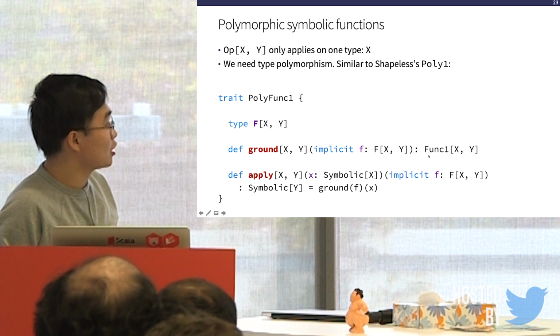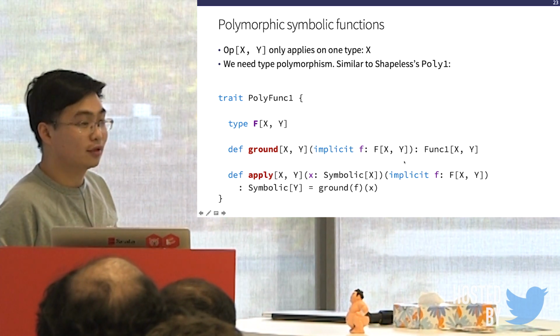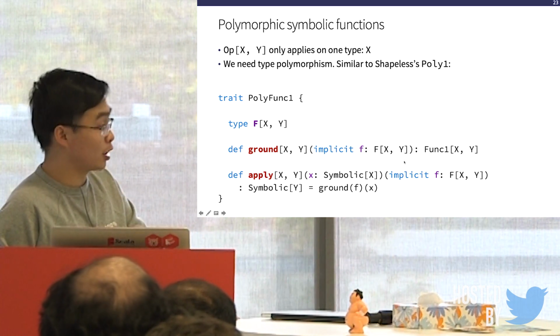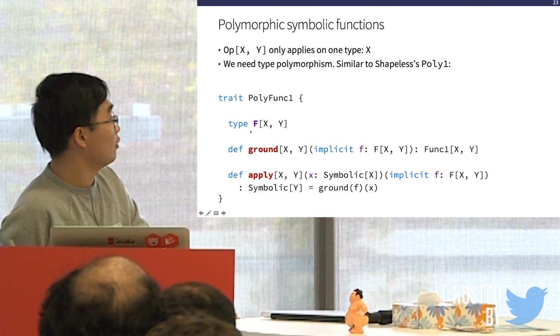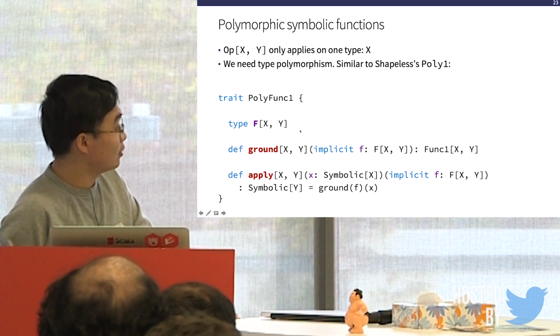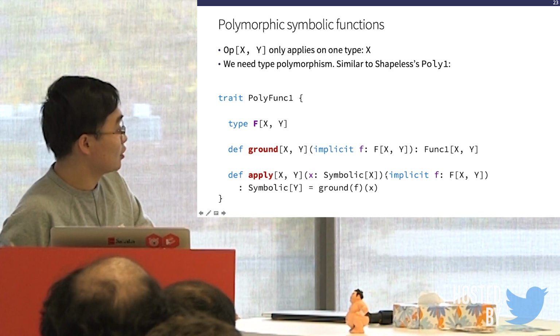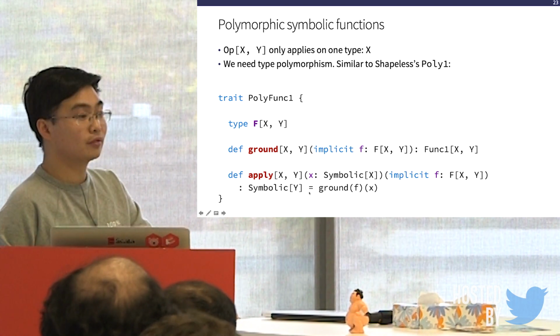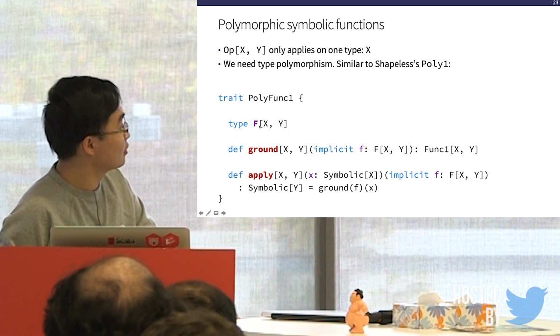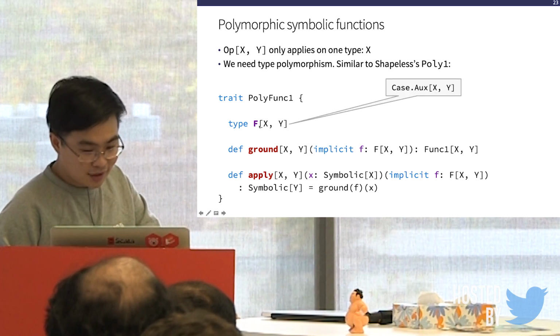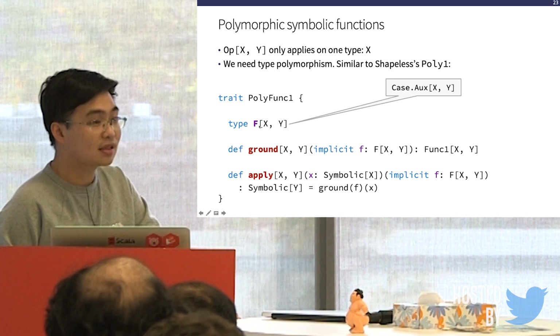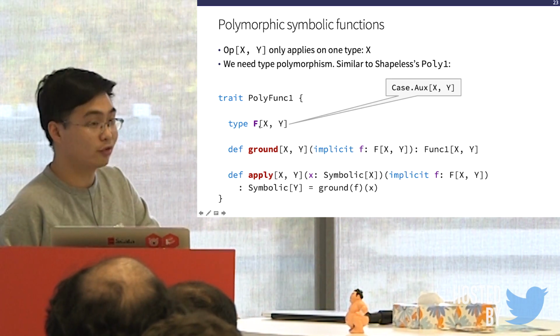We can only ground this if an implicit f can be found. If the compiler can prove that Fxy is there, then we can apply this operator on symbolic x to get a symbolic of y. So this is the core thing. This is very similar to Case.Aux in Shapeless, if you are familiar with Shapeless.